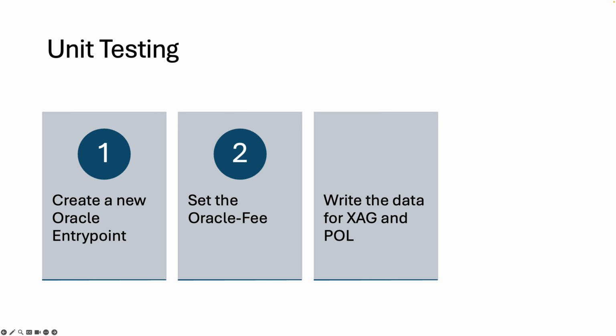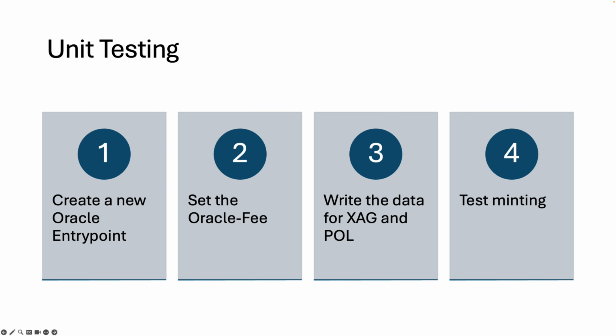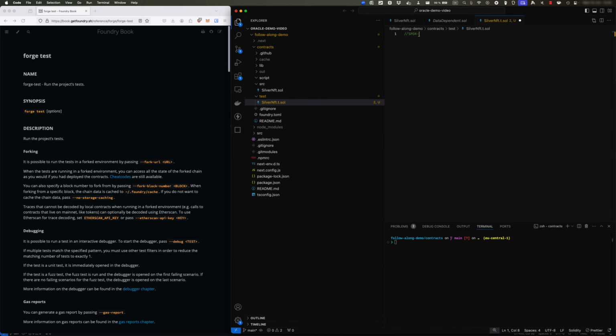Then we write the data for silver and Pol as the Oracle, and then we just test if minting works. So that is the process, and in the next part of the video, we are going to do that. Writing a unit test for the Oracle is a little bit tricky. So there's two ways you can do that.